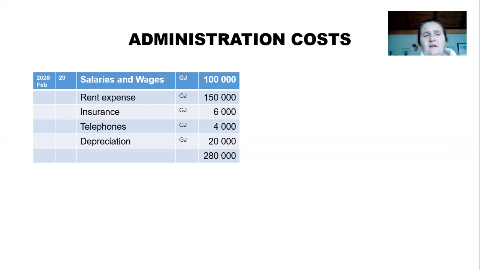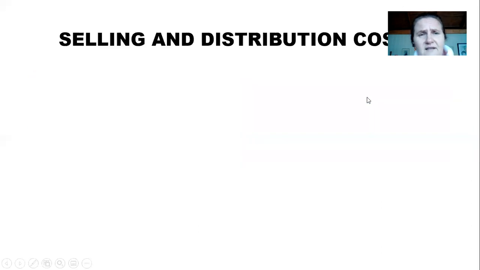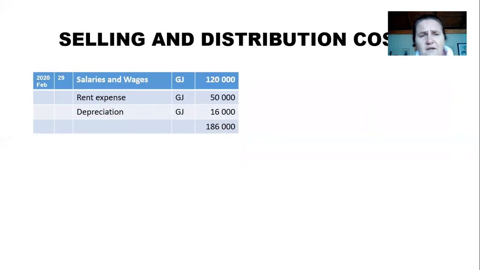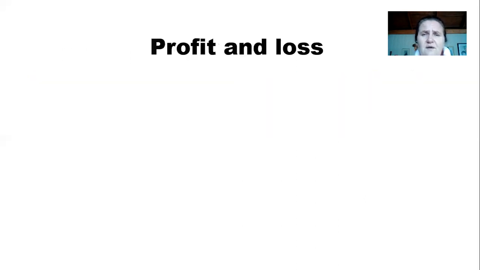It can be your telephones, etc. A whole bunch of everyday expenses closed off to profit and loss. Selling and distribution costs, same thing. Salaries and wages, insurance, depreciation, etc. Those are added up and closed off to my profit and loss.